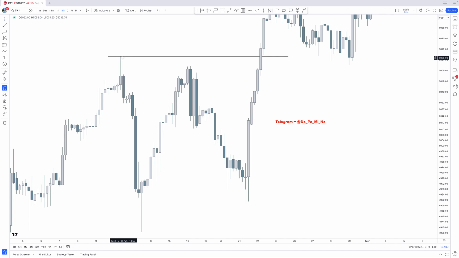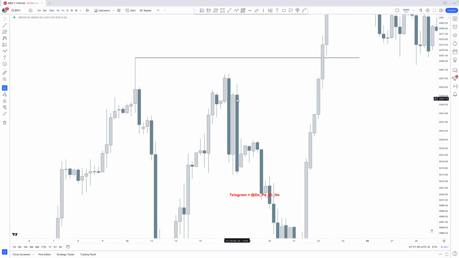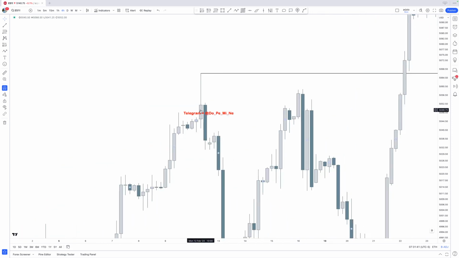So right here, it is very important to understand the next thing as well, which is why am I using the wick high right there? Small detail. I'm using the wick high because that's the exact top of that wick. If you put your mouse on this candle right here, at the top left you are seeing OHLC, so you're seeing numbers.